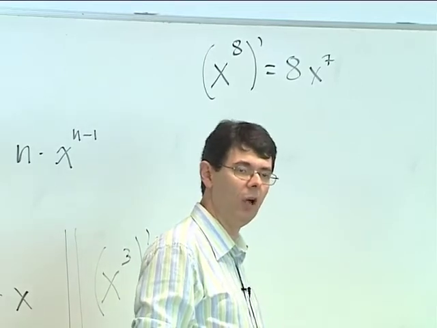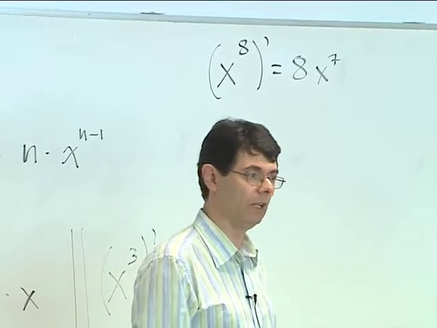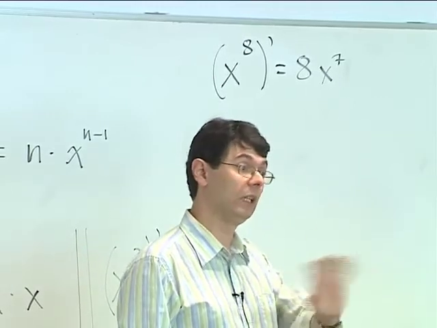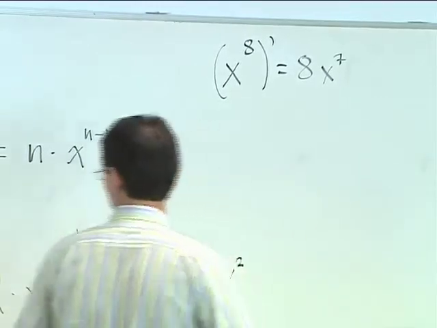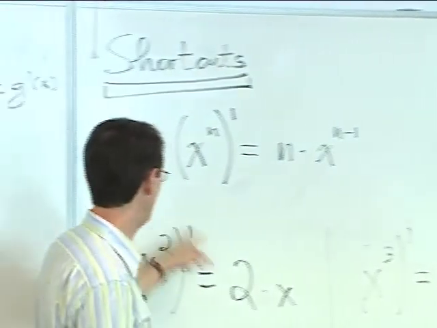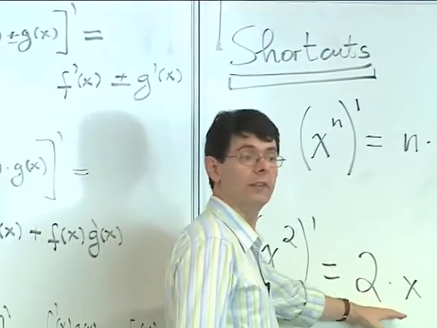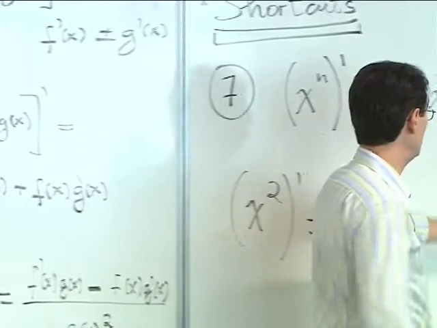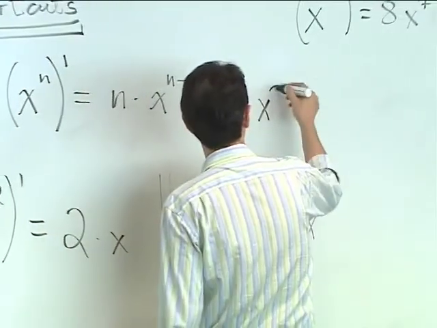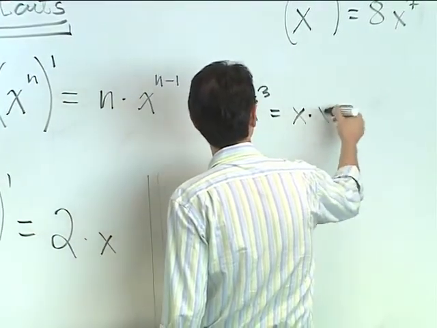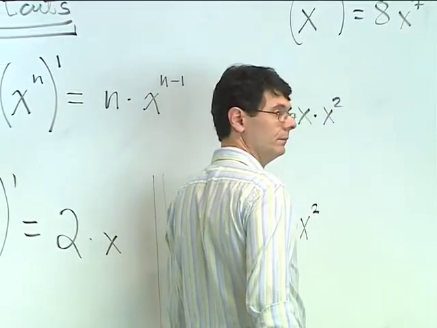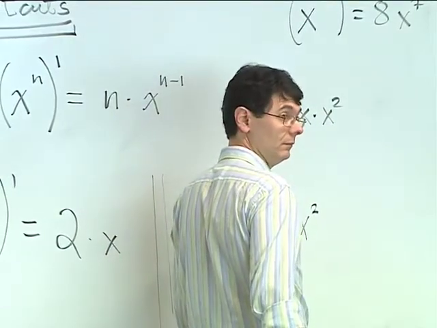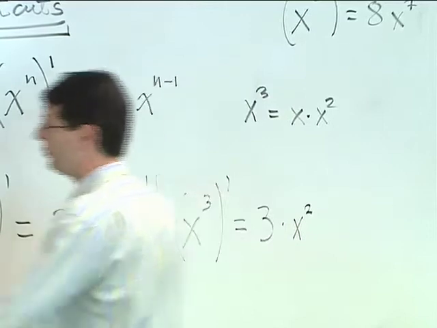Why is this rule true? I'm going to just give you the beginnings of why it's true. I have done this before by hand. So we knew this. How do I do x cubed? Well, x cubed is x times x squared, right? So I can use the product rule.